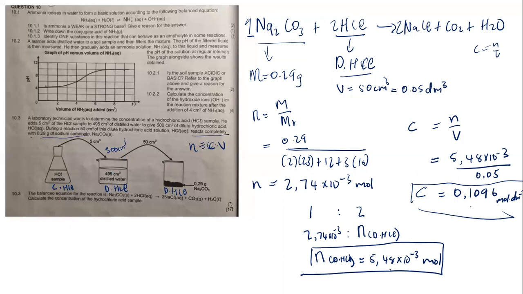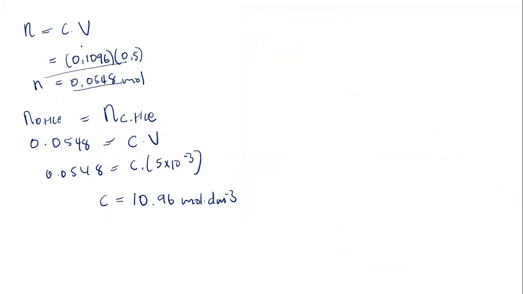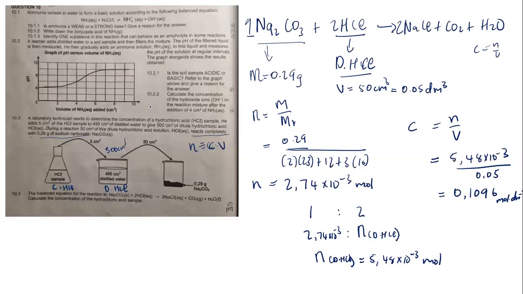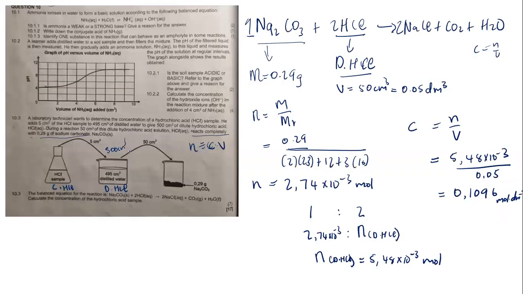This is the reacted one, okay? But before the reaction could take place, this is the number of moles that I'm talking about. So we use the concentration and the volume of 0.5 to determine the number of moles in here.